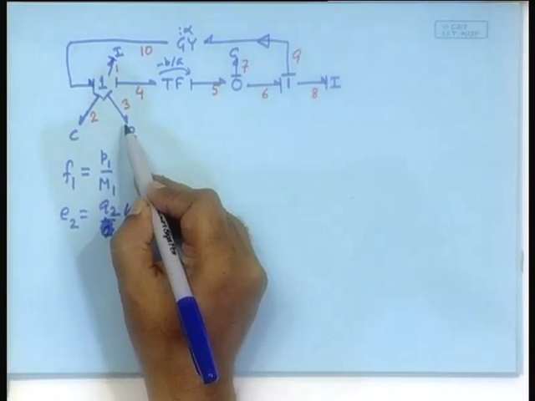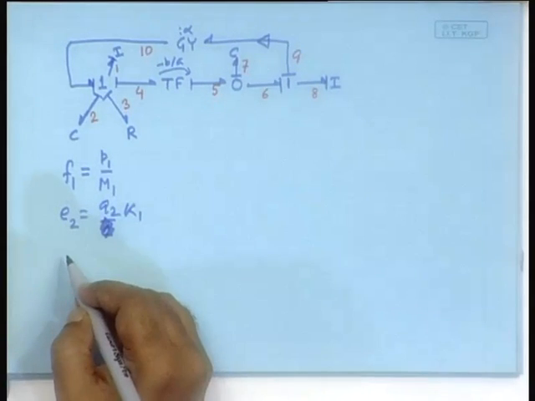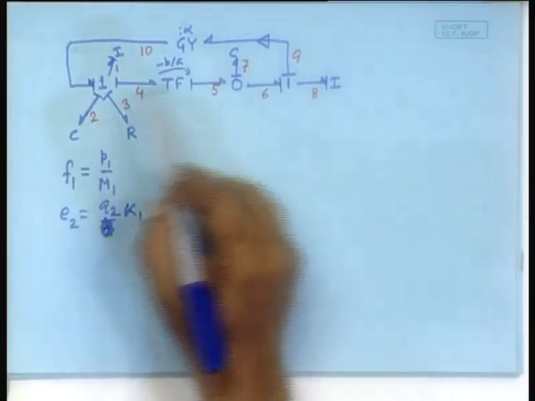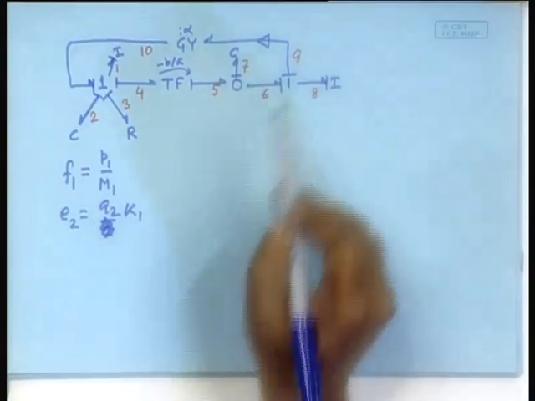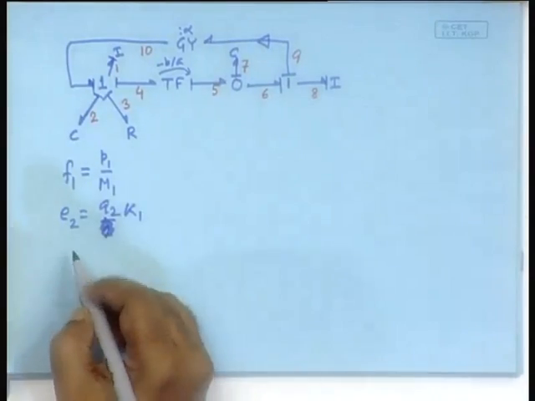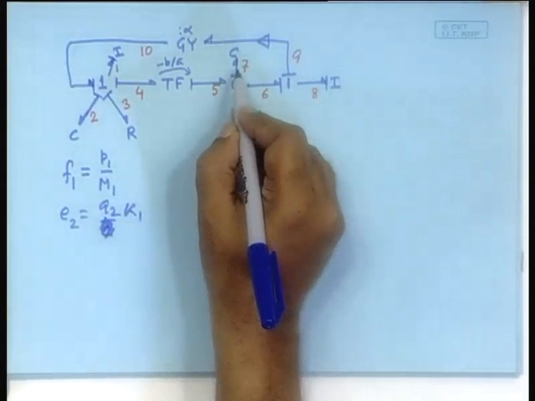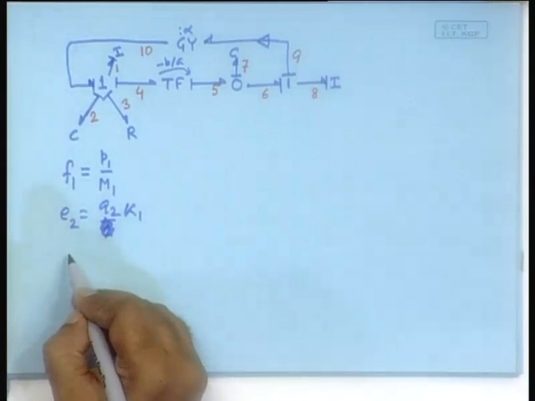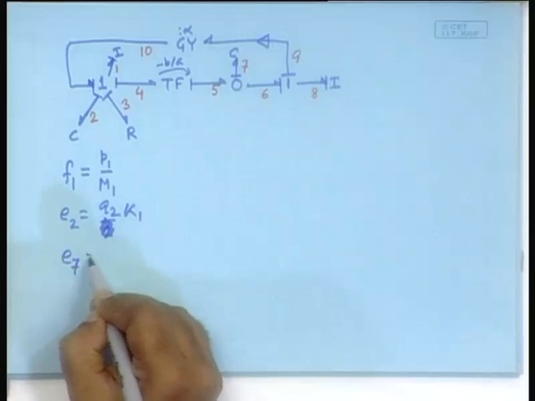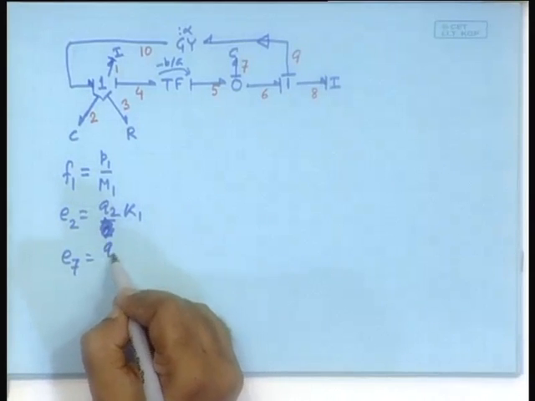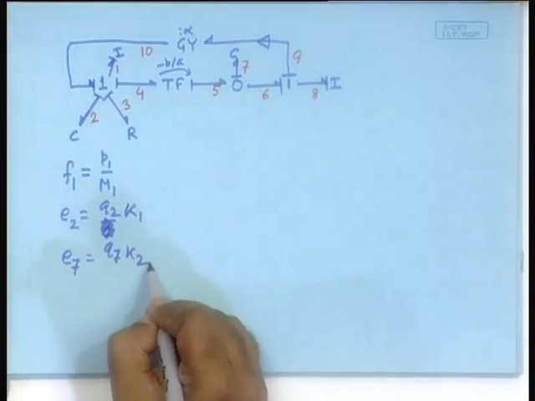Then the R element. Better let us first complete the easier things. The capacitor, this spring. That will be E7, which is Q7 K2, right?